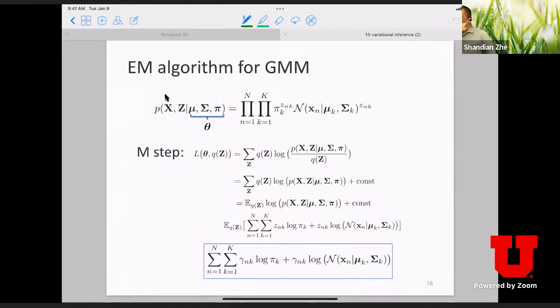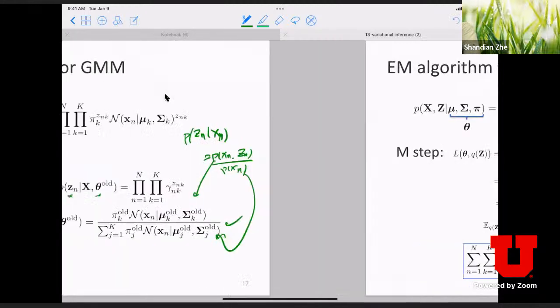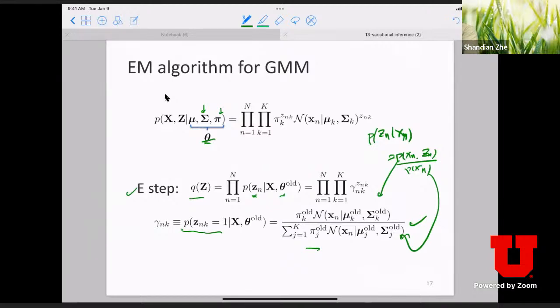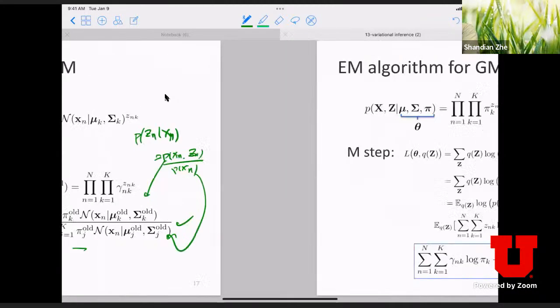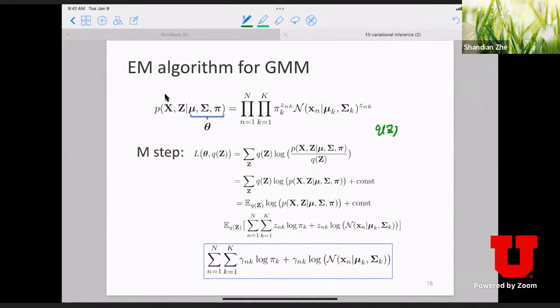And then we can substitute our Q of Z, which is computed here, which is actually the posterior distribution of Zn given the current model parameters. We just substitute into our lower bound. Remember, the lower bound is essentially the expectation or integral of the Q of Z and logarithm of this fraction, which is the joint probability over the Q of Z. And here, because our Z are discrete random variables, the integral becomes summation.